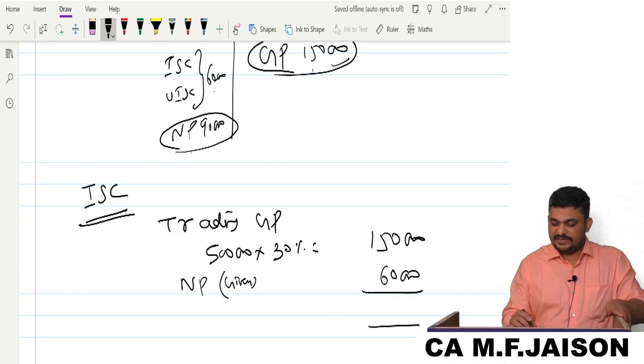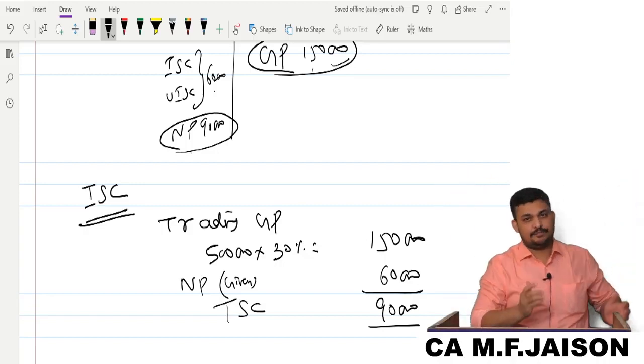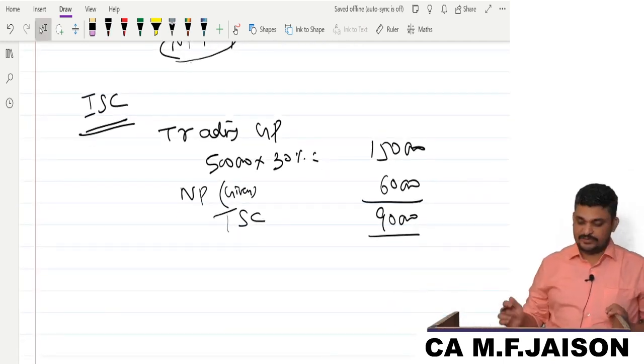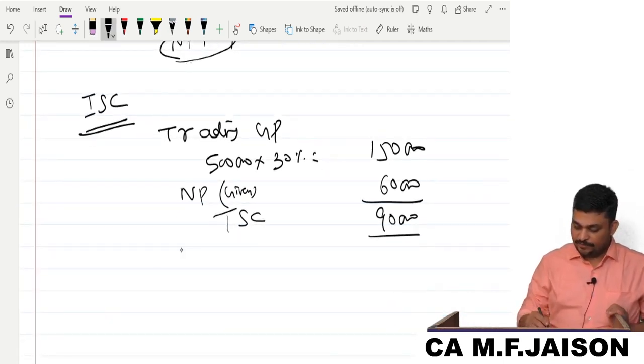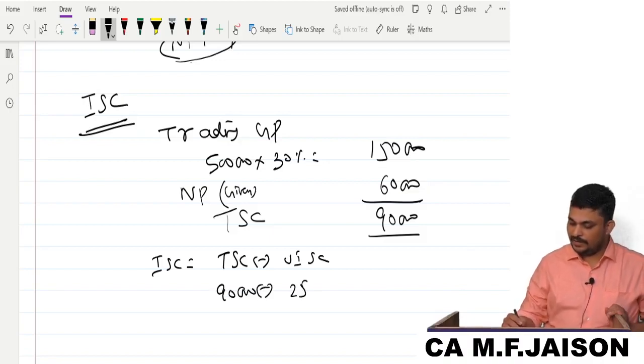So thereby we understand the total standing charge is equal to 60,000. The difference between these two, gross profit less various expenditure, will give net profit, correct? And accordingly we arrive at total standing charges as 60,000. And then you know insured standing charge is equal to total standing charges minus uninsured standing charges. So 60,000 minus 25,000.